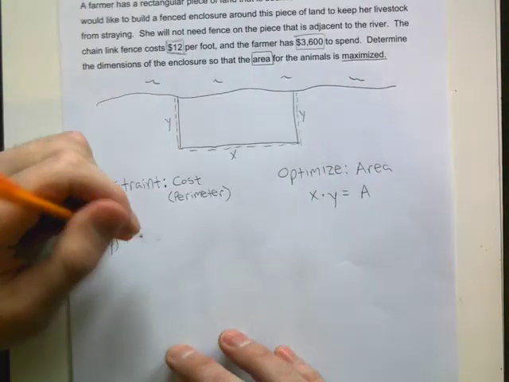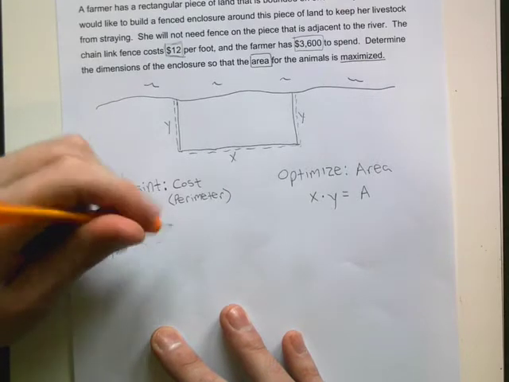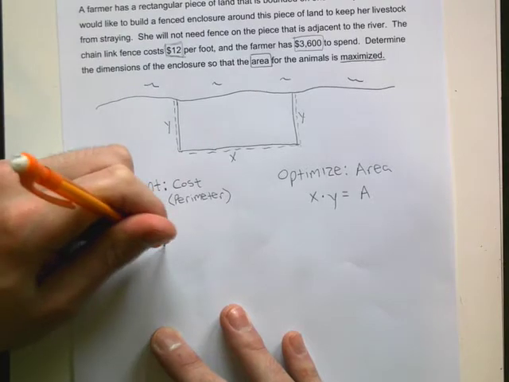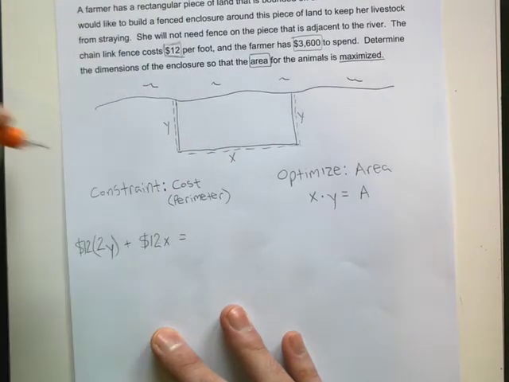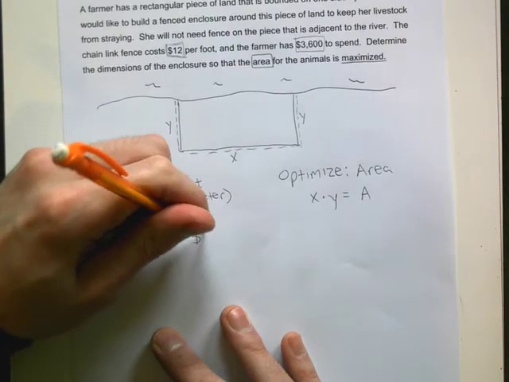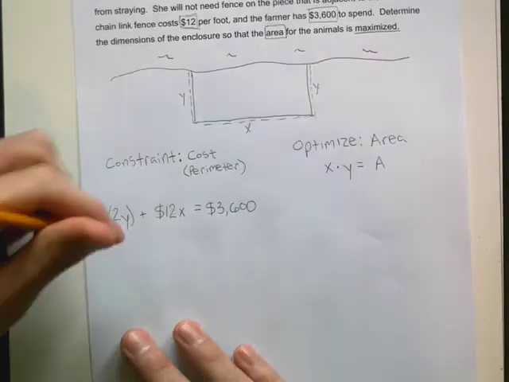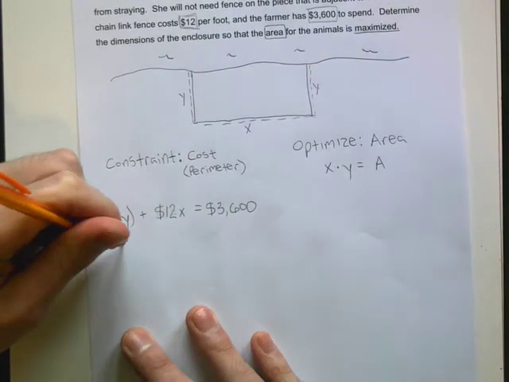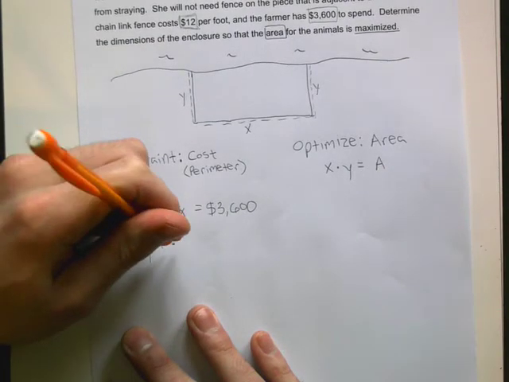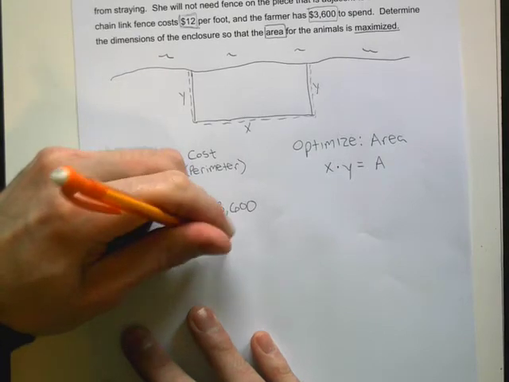Okay, and then the money doesn't change, so it looks like it's $12 no matter what side we're on. So I'm going to say $12 for our x, and that's equal to what we're constrained by, $3,600. Okay, let me just take this one step further and simplify this. So this will be 24y plus 12x is equal to 3,600.